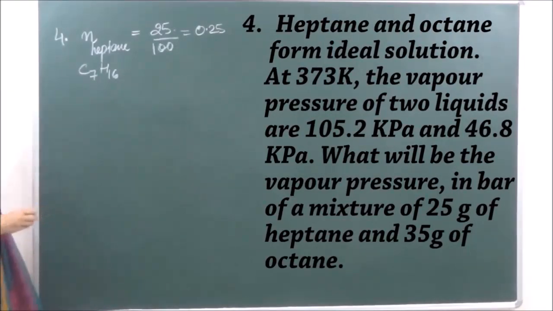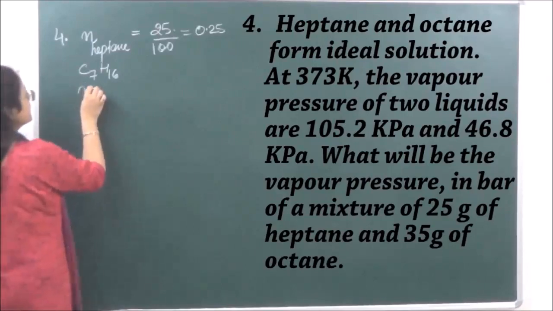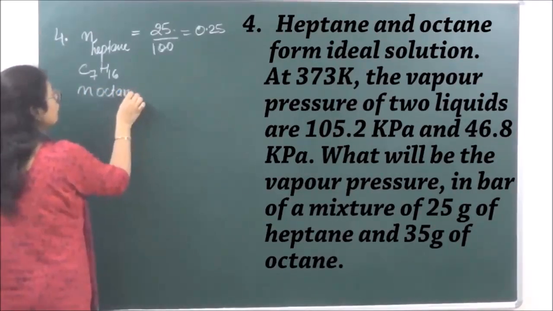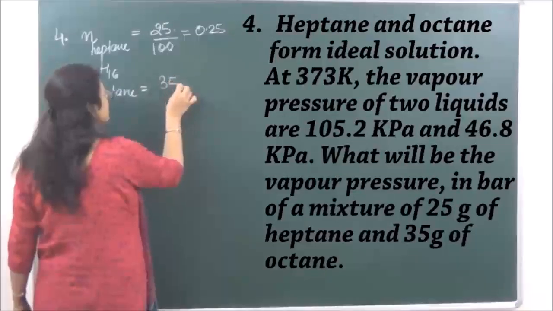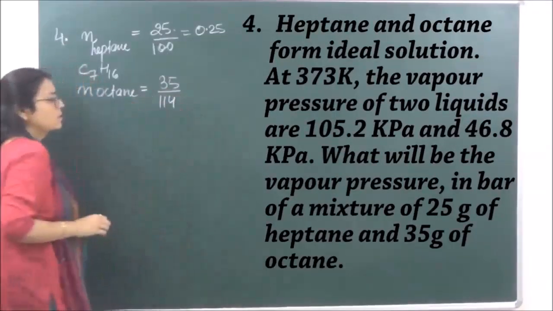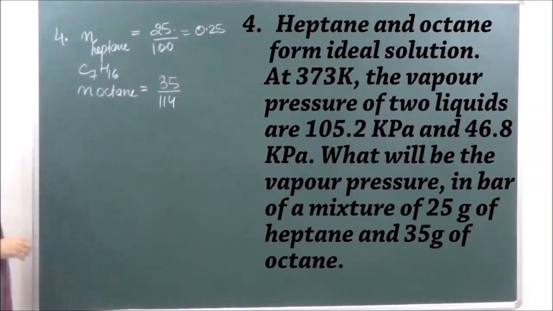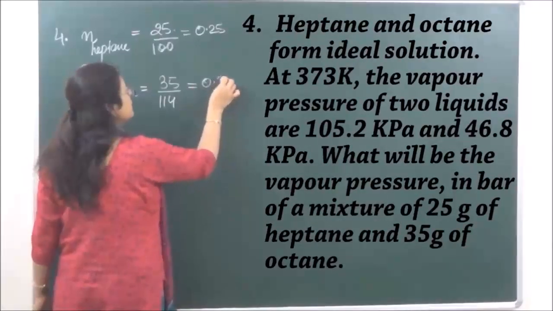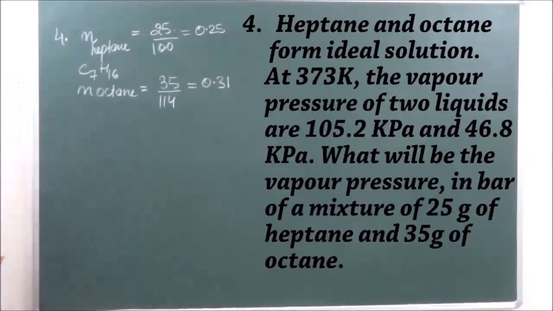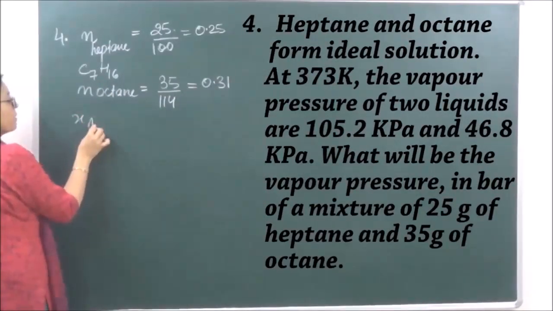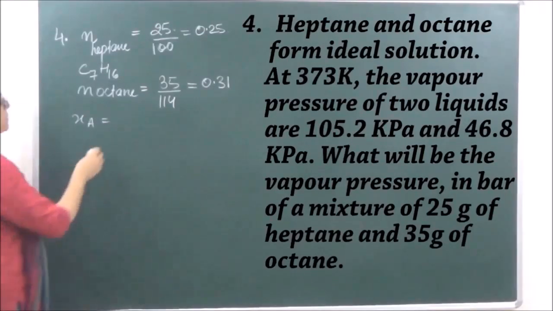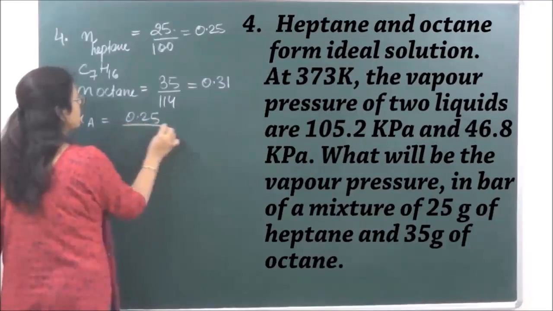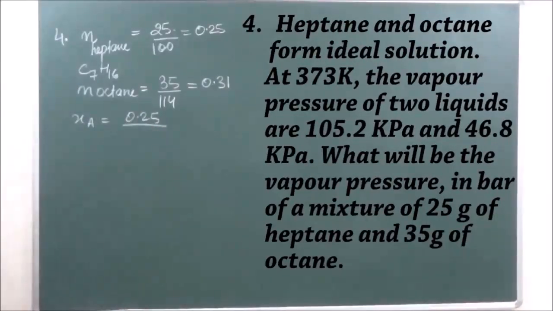Okay. Then similarly the next is n-octane. Number of moles of octane is going to be equal to weight of octane given, 35, upon 114. So that is 0.31. Let's calculate the mole fraction of heptane. A, I am taking heptane over here. Mole fraction of heptane will be equal to number of moles upon total number of moles.